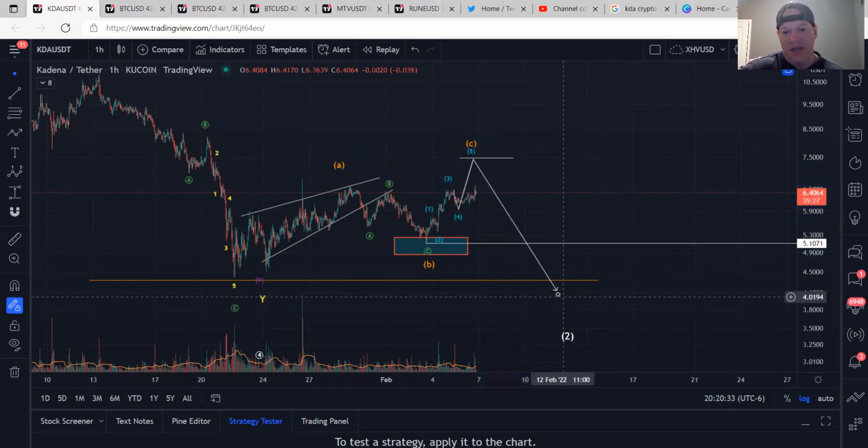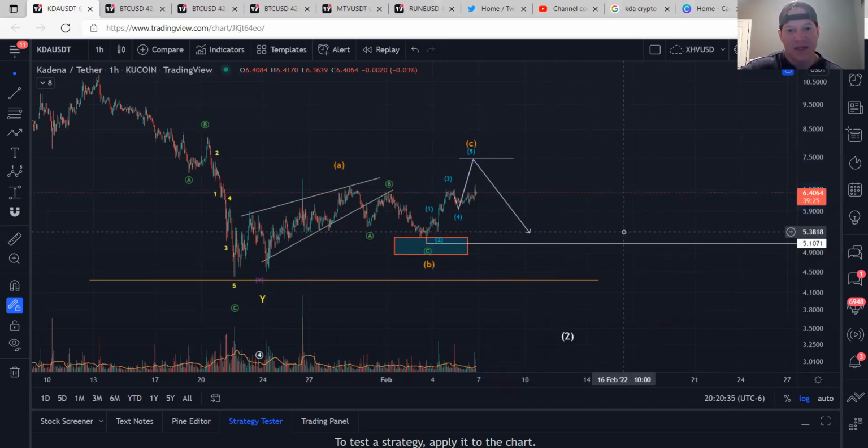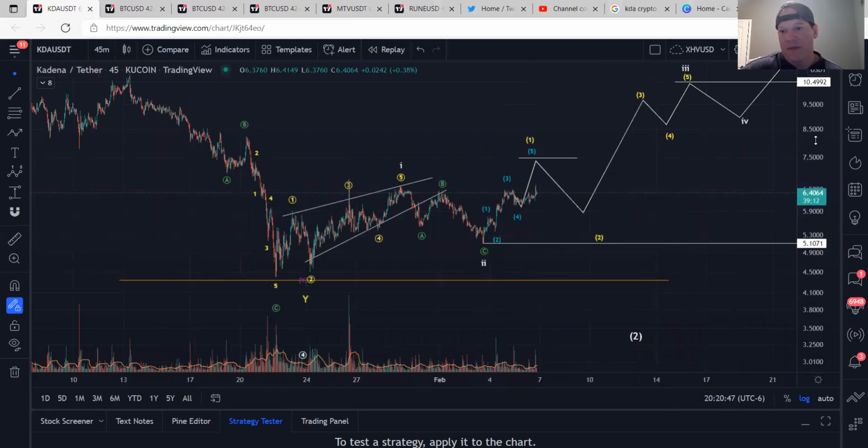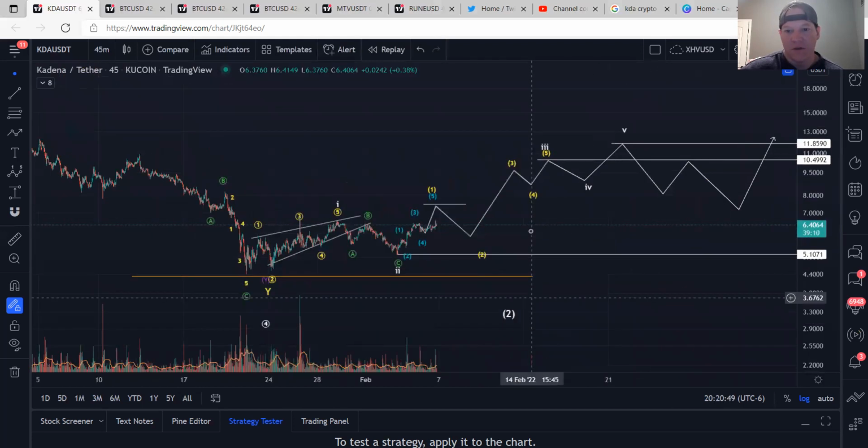It's just really hard to tell until we actually get up to this 5th wave, and then how we react at that point, whether it's a C or again, whether it is an impulse and we are going to be continuing our trend.